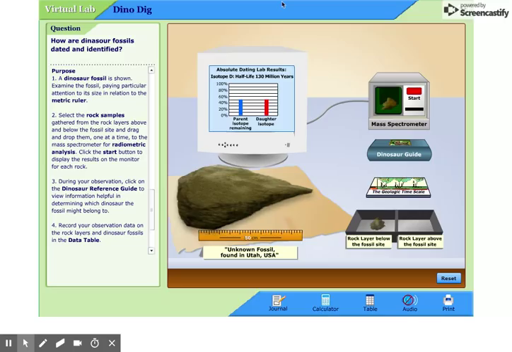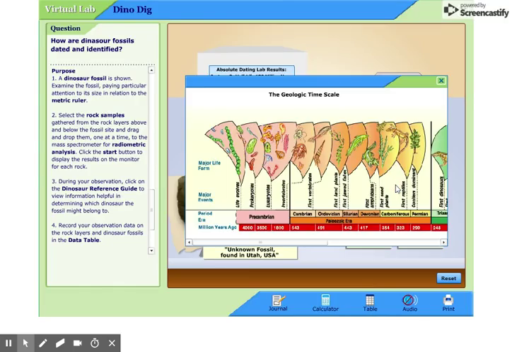Now we're going to look at the geologic time period this fell in. We want to know which era this is in. We have to remember 160 to 130 million years ago. We go back to the lab. We click on the geologic time scale. Your era is here. Your millions of years is in the red.